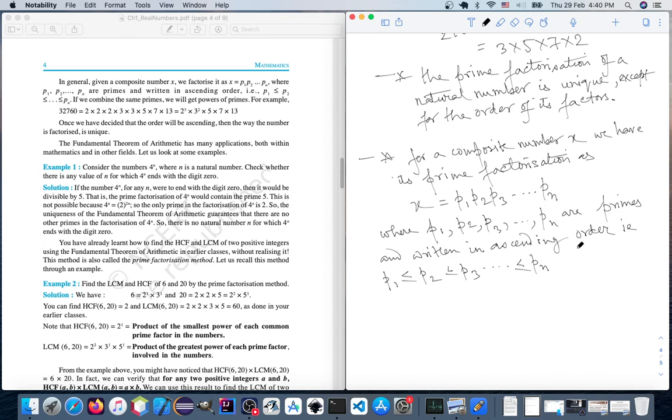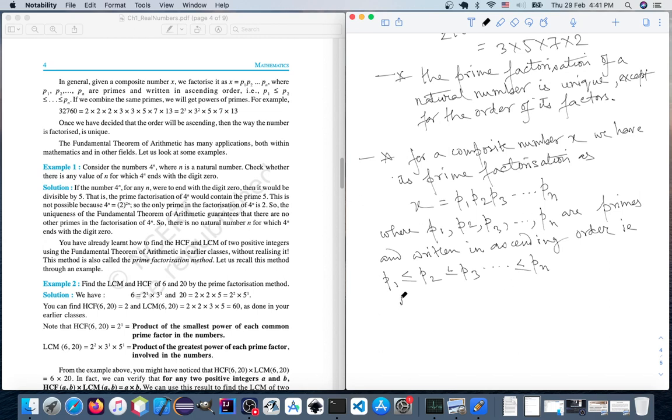Now, in this p1, p2, p3 up to pn, some prime numbers may occur more than once. So if we combine the multiple occurrences of a prime number, we will have the powers of a prime number.